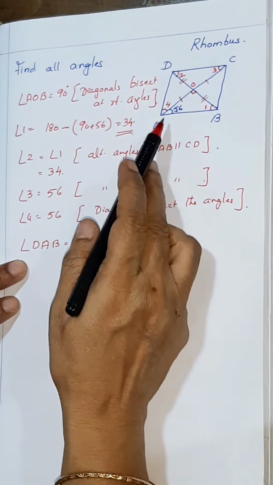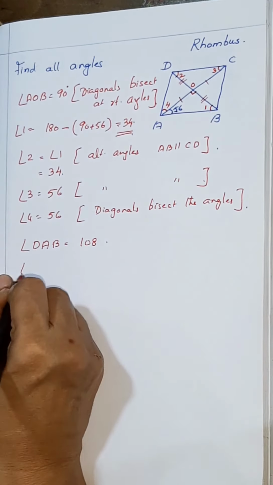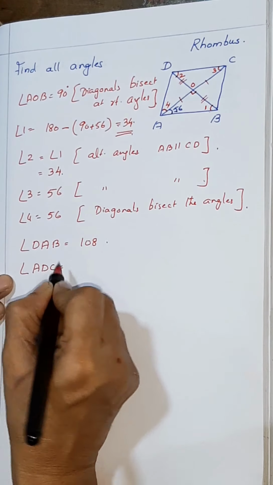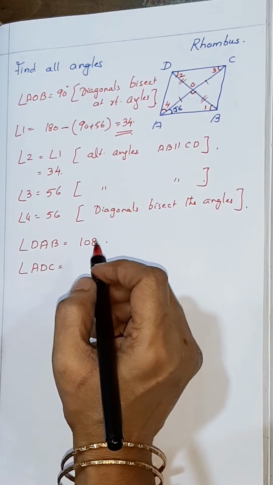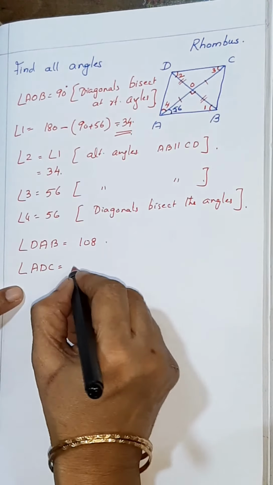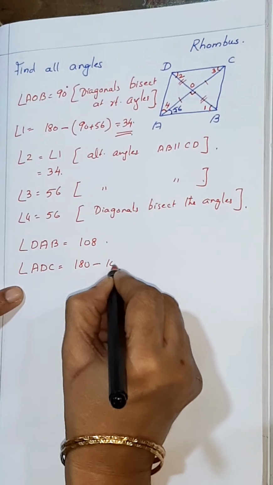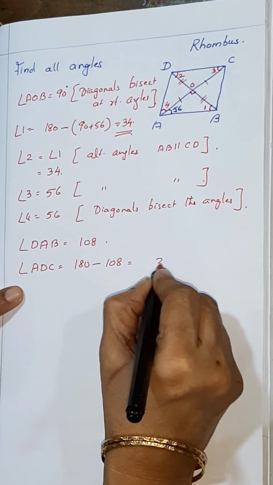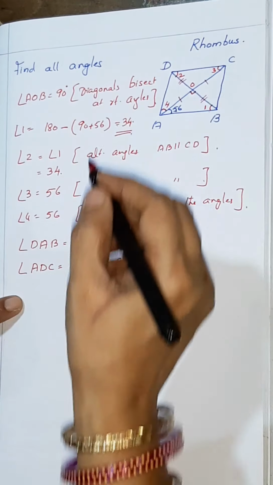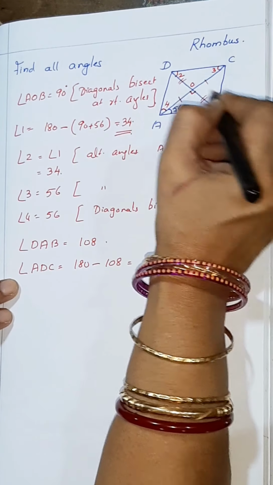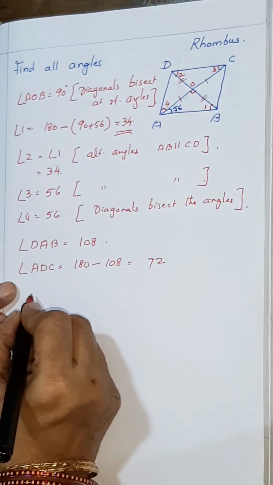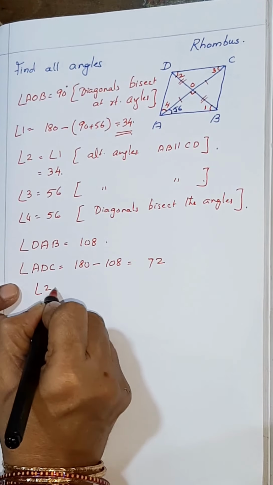So from that we can find angle ADC. Angle ADC, co-interior angles, adjacent angles of a parallelogram are supplementary. So angle ADC will be 180 minus 108, so 72. Now again, BD is bisecting the angle.